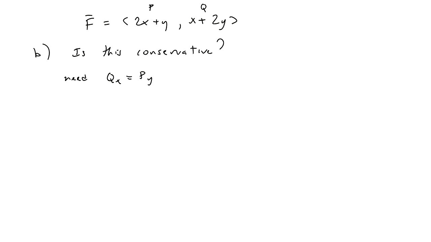So the derivative of P with respect to Y is equal to the derivative of Q with respect to X. Is that true? What's the derivative of P with respect to Y? And the derivative of Q with respect to X is also the same. So it is conservative.